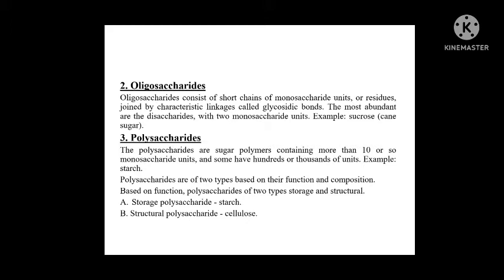They are joined by glycosidic bonds. The most abundant are the disaccharides with 2 monosaccharide units. Disaccharides, di means 2 monosaccharide units. The best examples are sucrose, maltose or lactose. These are examples for disaccharides which contain 2 monosaccharide units.